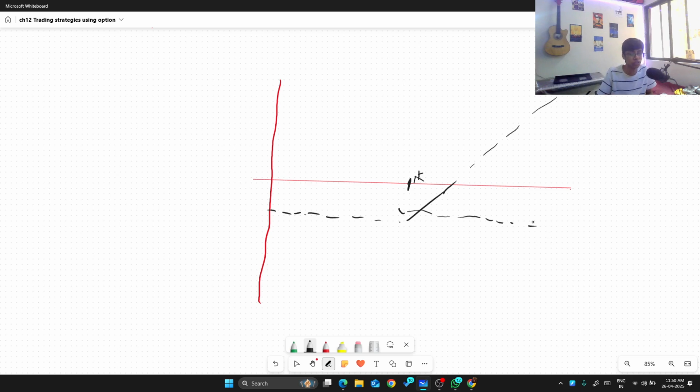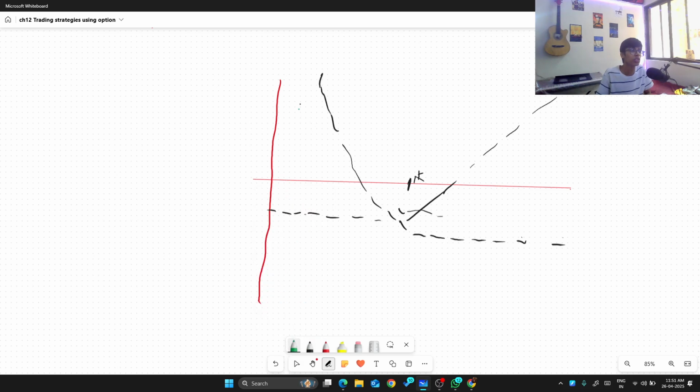A put is always, let's say, more expensive than a call at the same strike price, right? So the put will go down and the call will go up here, and the trading would be like this.